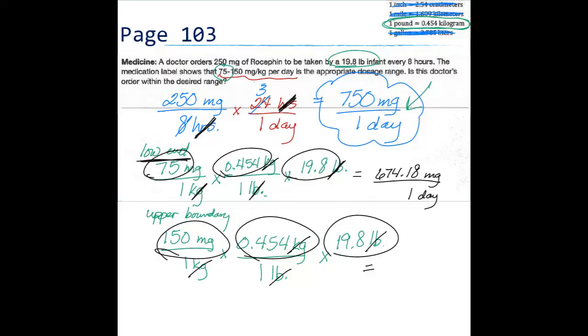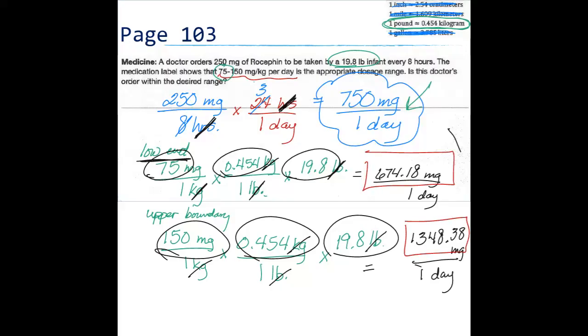So what is that new number? 1,348.38 milligrams per day. Okay, so this is the lower boundary. This is the upper boundary. This is the actual dosage.